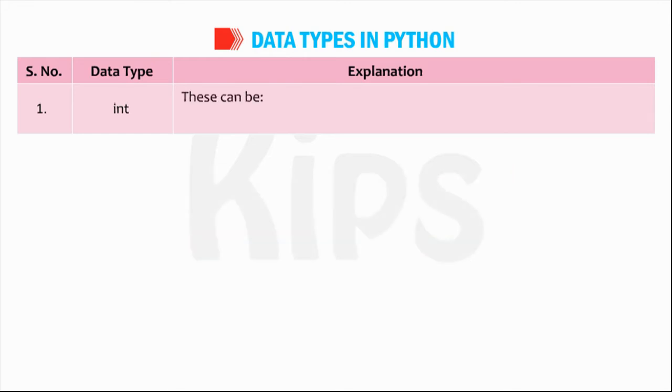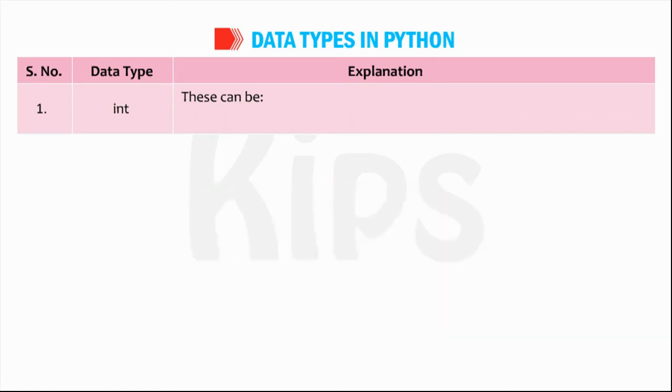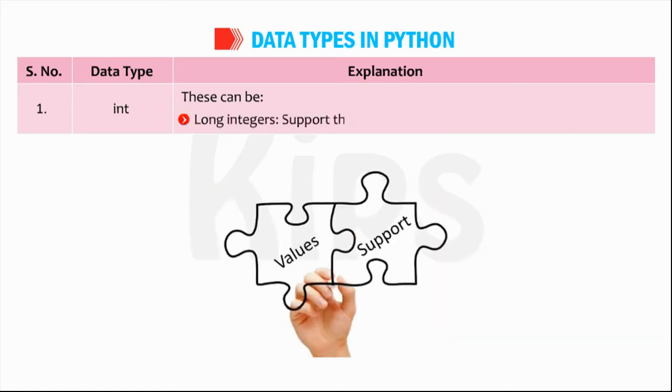These can be plain integer, which store values in the range of -2147483648 to 2147483647. Long integers support the values that lie beyond the range of plain integers.